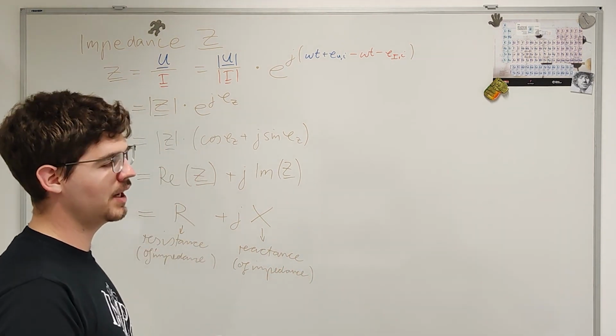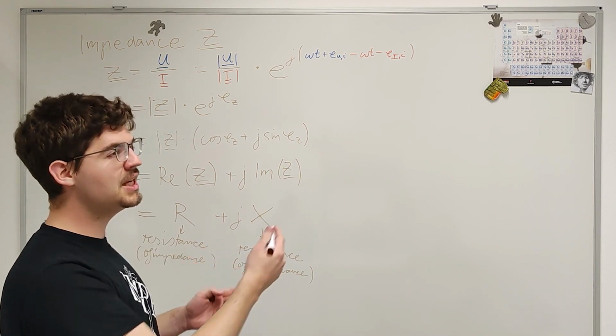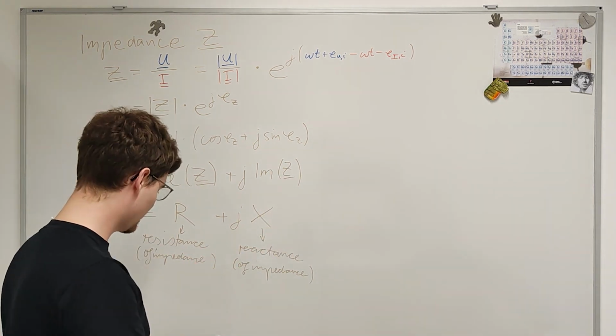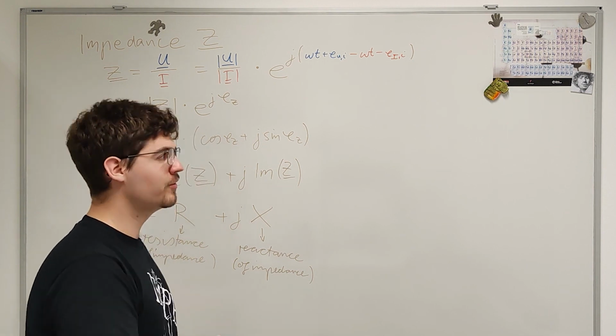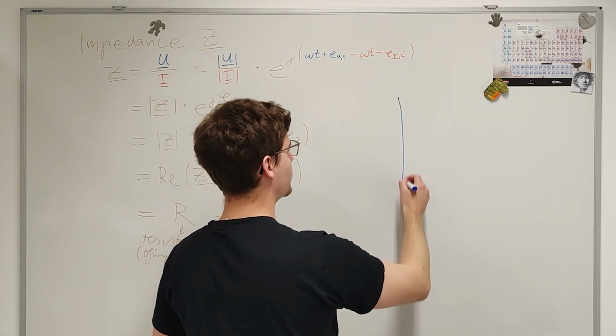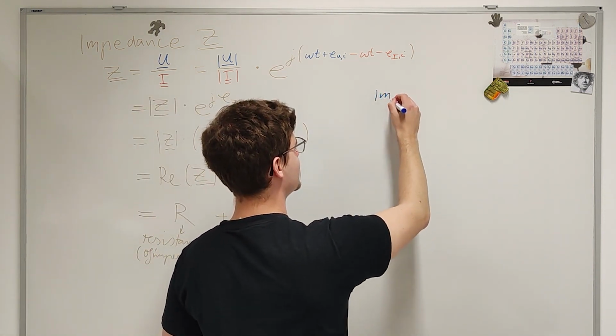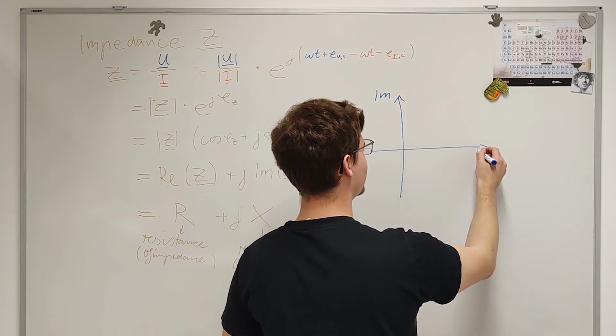And if we again apply our perspective on what these mean in the complex plane, let me briefly draw the complex plane once more with the imaginary axis and the real axis.